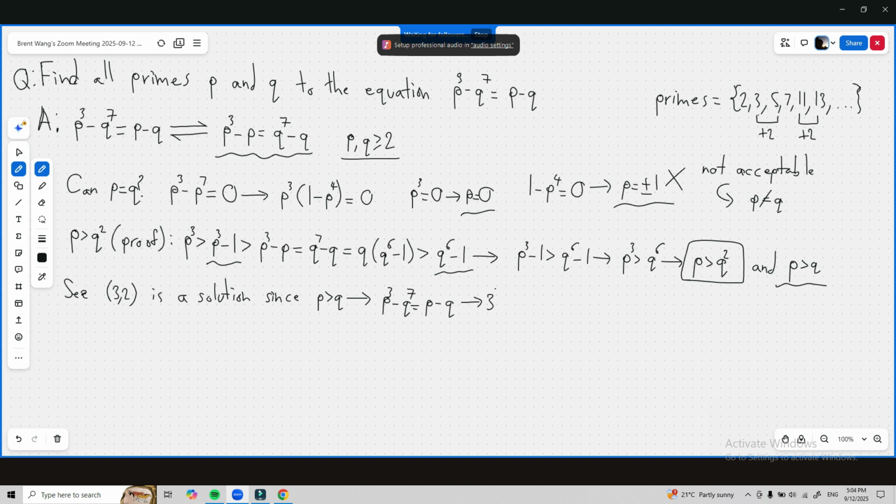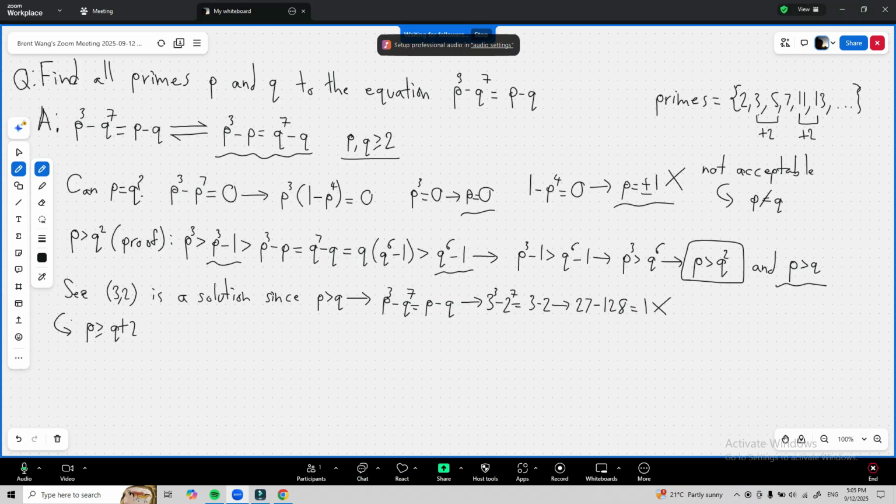So 3 cubed minus 2 to the 7 equals 3 minus 2. 3 cubed is 27, so 27 minus 128 is equal to 1. Well, this is clearly not true because this is a value of negative 101, and this is a value of 1.